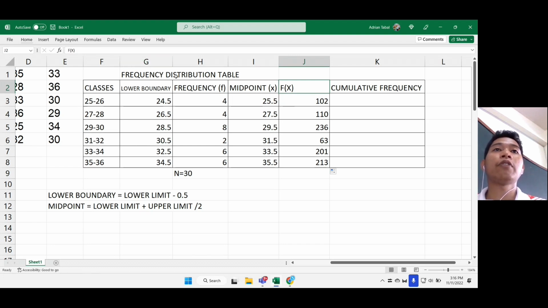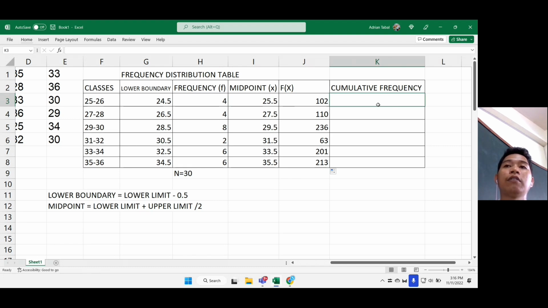The last one in the frequency distribution table that we need in order to find the group data of mean, median, and mode is the cumulative frequency. So the cumulative frequency is how much has been accumulated, adding up each time. So how do we find the cumulative frequency? Simple, copy the frequency of the first data.